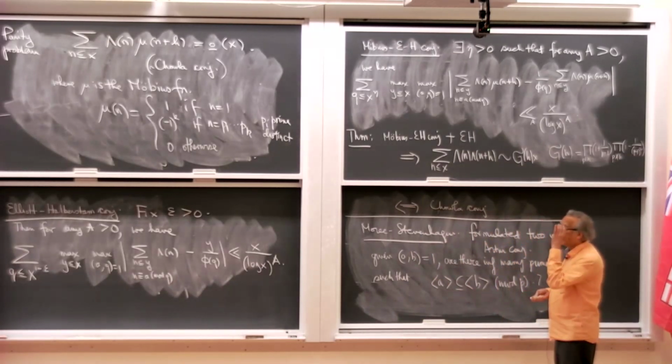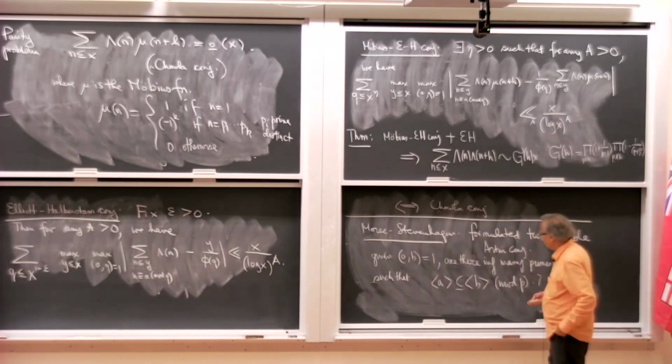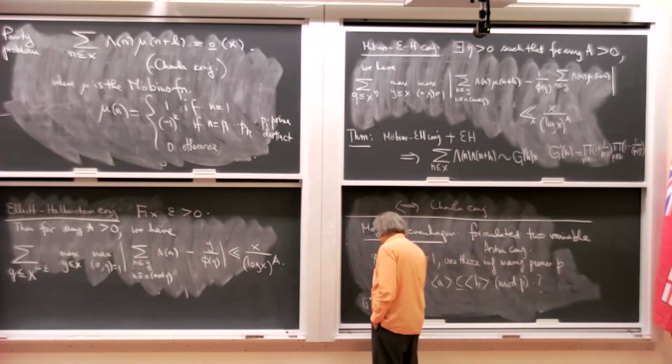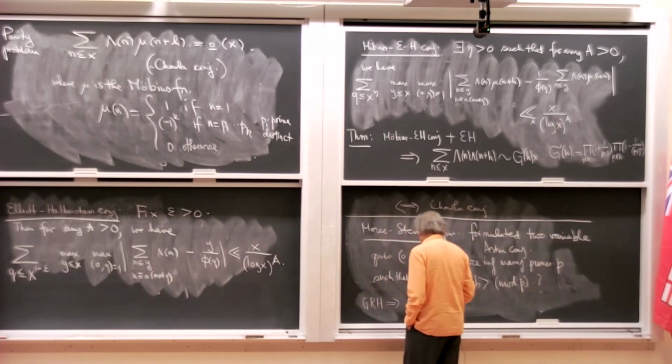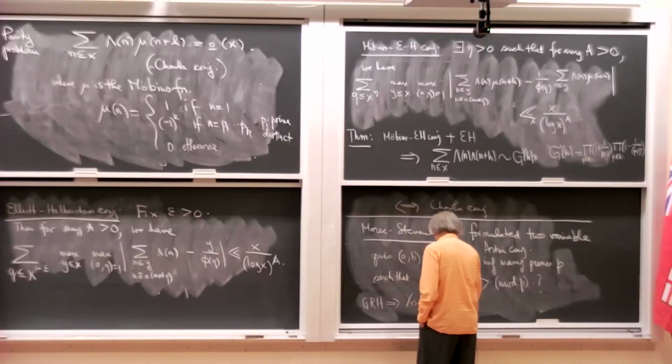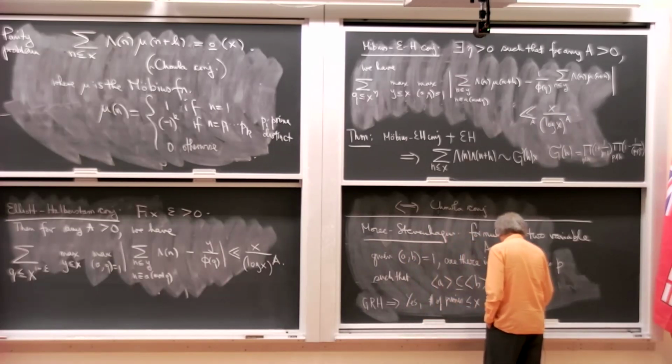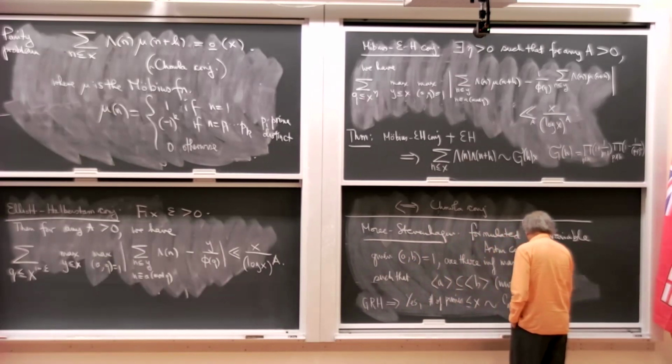Are there infinitely many such primes? And then they answered in their paper that assuming the generalized Riemann hypothesis implies that indeed the answer is yes, and the number of such primes is asymptotic to some positive constant times pi of x.